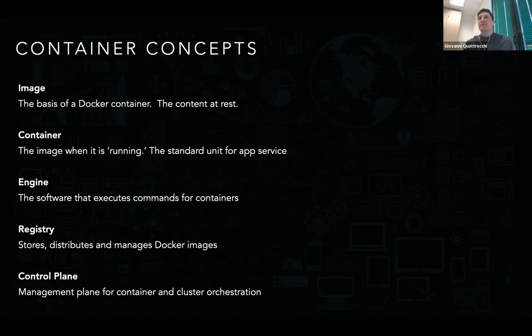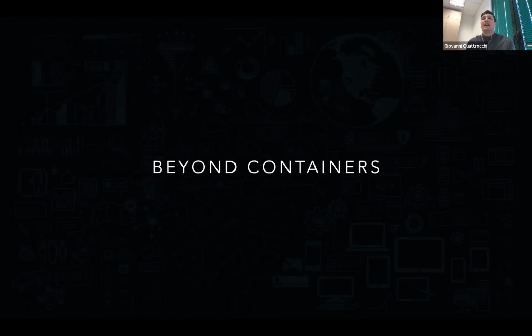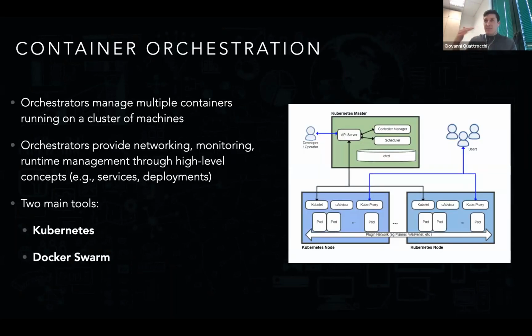So I hope that I explained why containers are key for modern deployments. But as you know, this field is progressing extremely fast, so there are already next steps. An in-between step is container orchestration, because as far as we discussed right now, we didn't talk about how different containers can communicate with one another.